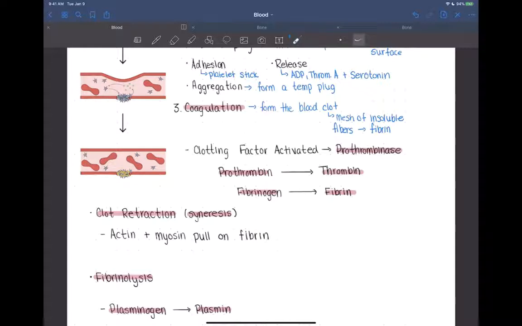So the platelets releasing chemicals, the exposed collagen, and the damaged endothelium activate the prothrombinase. They actually work together.